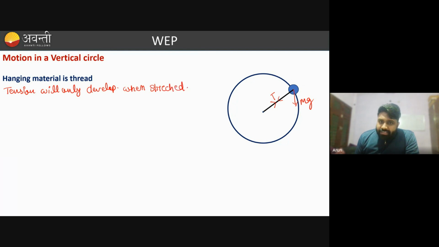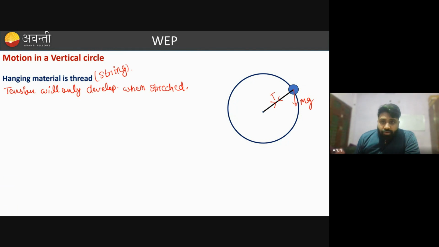So when you stretch it, it will show you the tension, then it will resist the change of stretching. But when you try to compress it, it does not resist you. So that is the property of thread, or instead of thread, you can also write string, the ideal string.